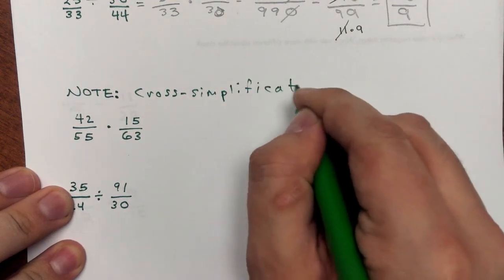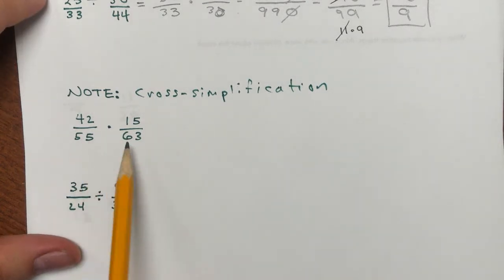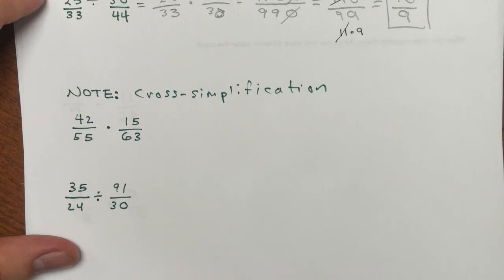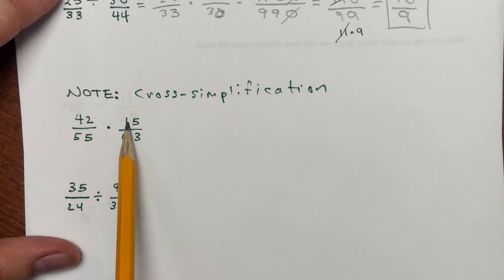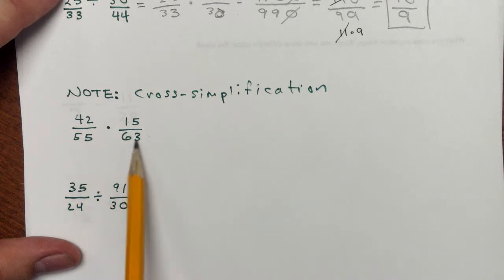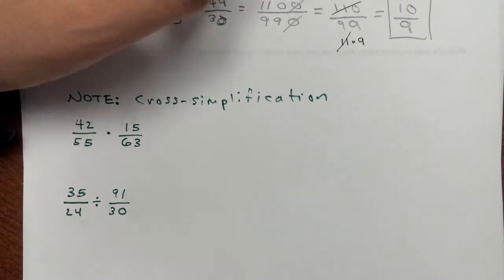Which is, if we understand how to multiply or divide two fractions, if we understand that the numerators are going to be multiplied together and the denominators are going to be multiplied together, well, that means I can consider any factor from the numerator and any factor from the denominator, and any like factors can be simplified, divided to 1.